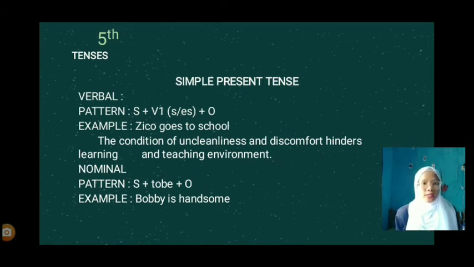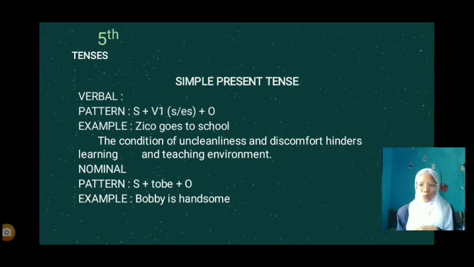And the second one is nominal. The pattern is subject plus to be plus object. For example, like Bobby is handsome. So, what is the to be in simple present tense? There are three kinds. What is that? Okay. Is, am, are, the to be in simple present tense. Is for who? Okay. Is for he, she, or it.